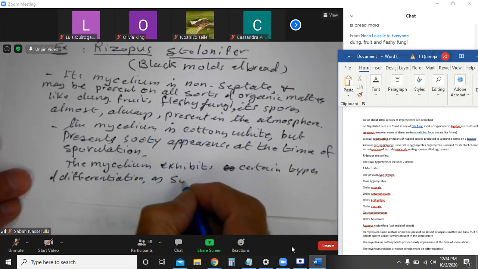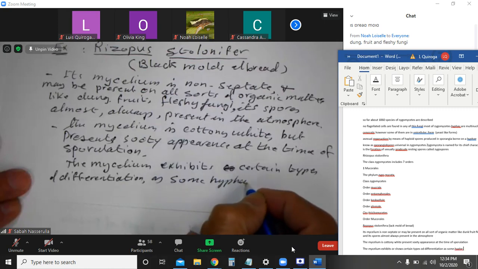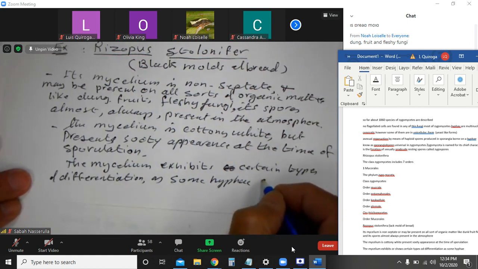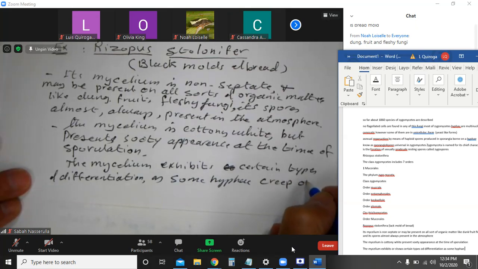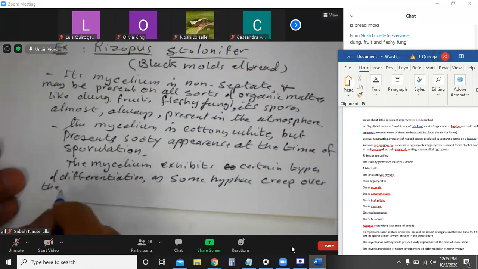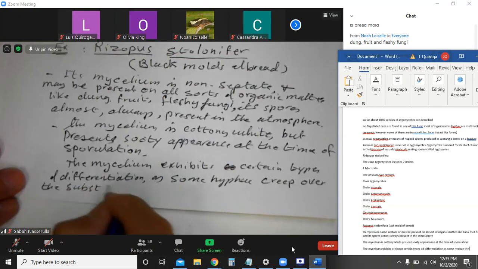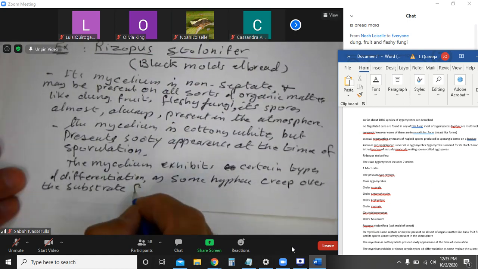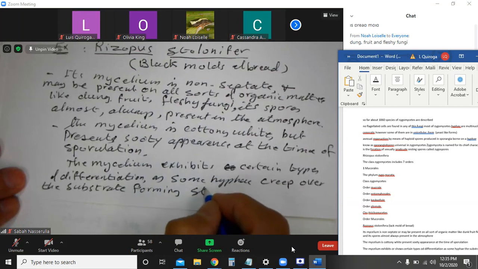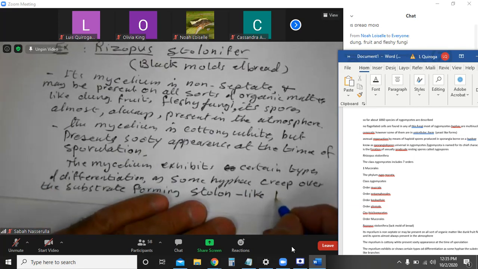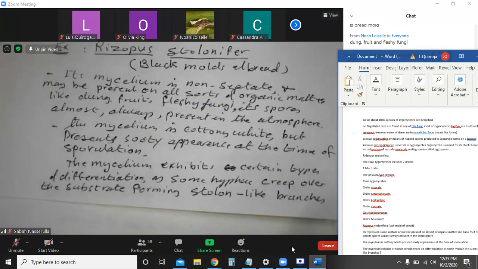Some hyphae creep over the substrate, forming what you call stolon-like branches, the one I showed to you here.